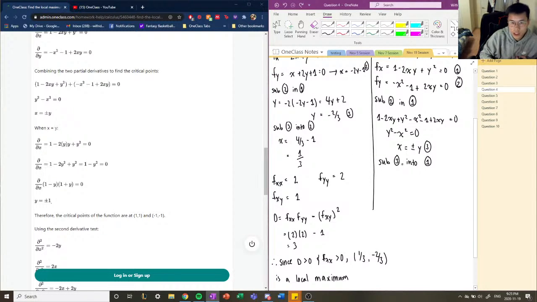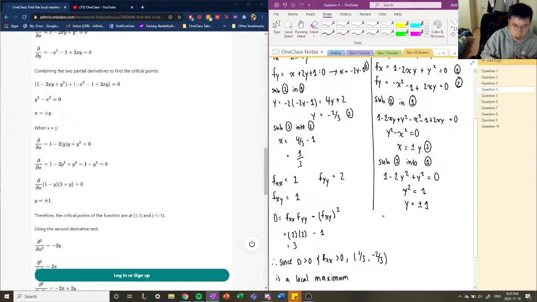So let's sub positive y. Okay, so 1 minus 2y times y, so y squared plus y squared equals 0. Move this one to the other side. This equals negative y squared, but it cancels out because this 1 is moved over. So y squared equals 1, and that gives y equals positive or negative 1.